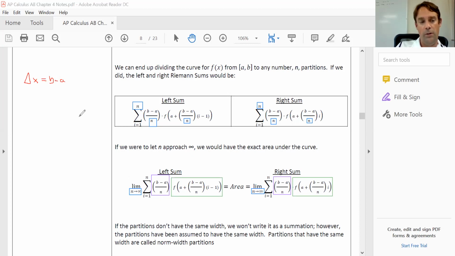Instead of having this be b minus a, they said, well, what if we let this difference in x, the width, be b minus a divided by n? And when they did that, here's what happened. This right here became delta x, the width of my rectangle.